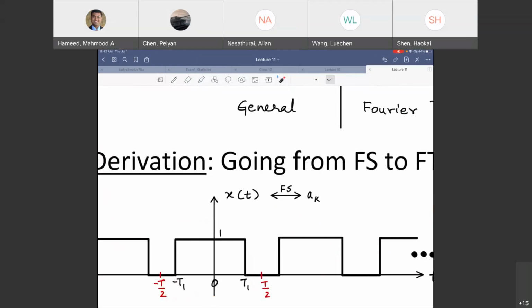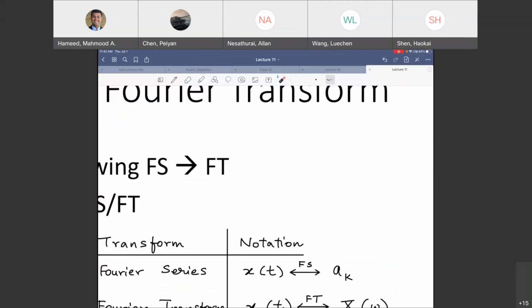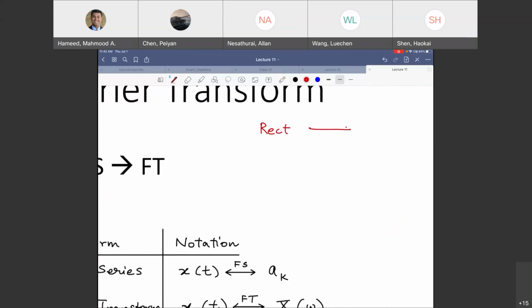The one transform pair I want you guys to get sort of associated in your head is this. Rectangle in one domain is going to be a sinc in the other domain. Notice the double arrow. That means if the sinc was in time, you would get rectangle in the frequency. Rectangle and sinc are Fourier transform pairs.